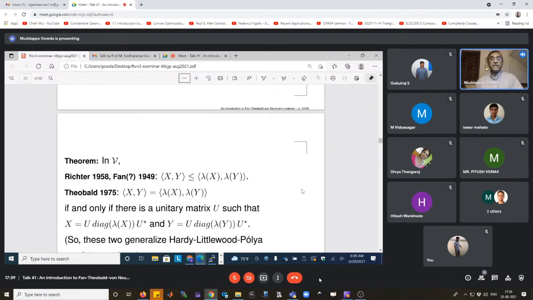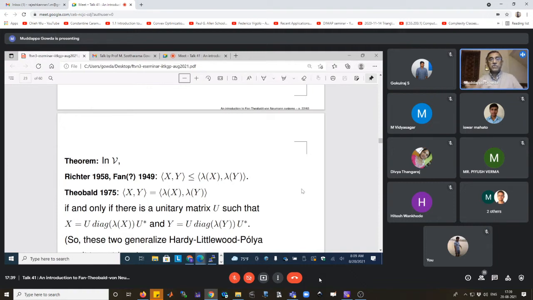In 1975, Theobald in England shows that x dot y is equal to lambda x dot lambda y if and only if there is a unitary matrix U such that x is U diagonal lambda x U star and y equals U diagonal lambda y U star. Notice that lambda x is a vector, so diagonal of lambda x is the diagonal matrix where you put lambda x on its diagonal. So Theobald characterizes the equality in Richter's inequality.